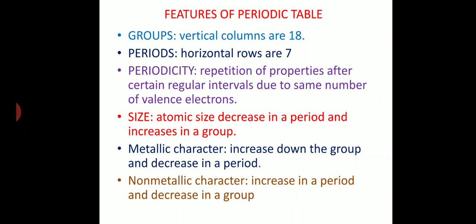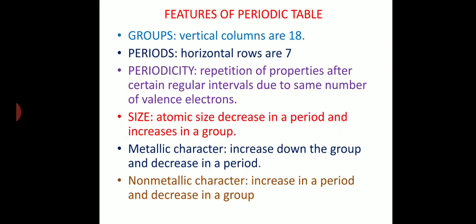When we talk about the size of the atom in this table, when we go down a group from top to bottom, the atomic size increases because the shell number increases. Whereas when we go from left to right, the atomic size decreases, right? Because the shell number remains the same, but the effective nuclear charge increases by 1 unit.